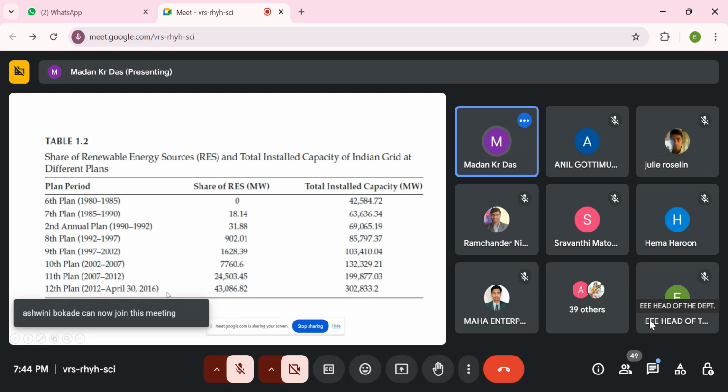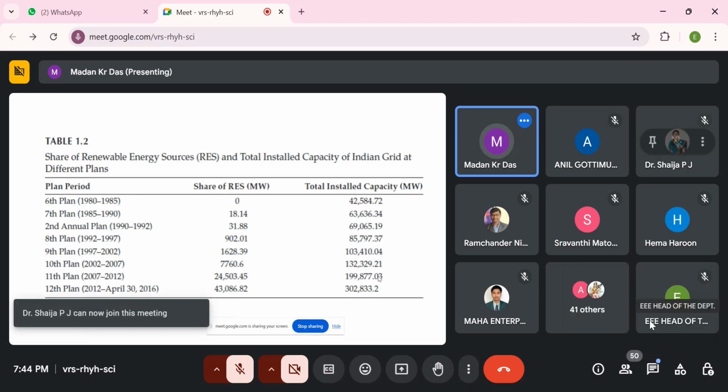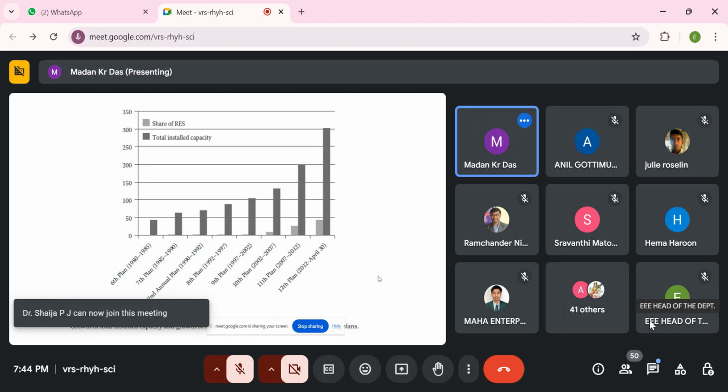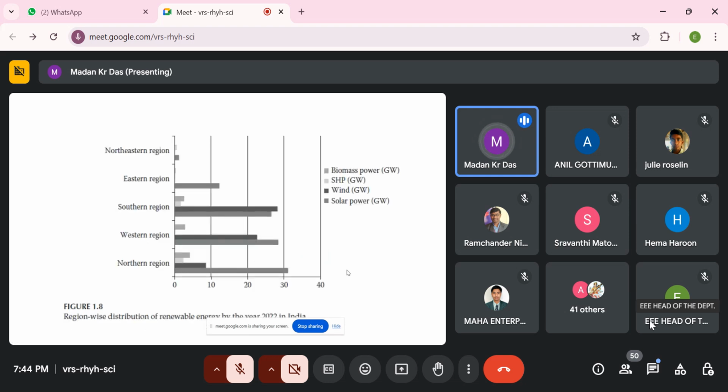The last plan is almost 3 lakh 2083 megawatts. Day by day, we have increased the installed capacity of India. This is the graph, and this is the area-wise graph we have discussed.